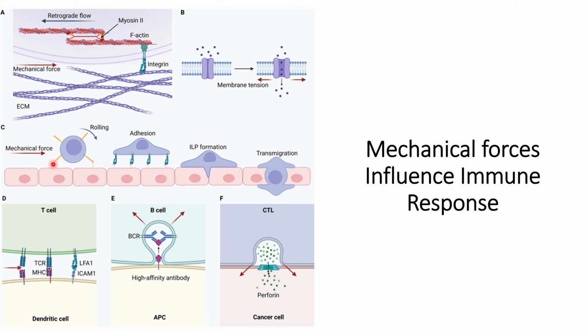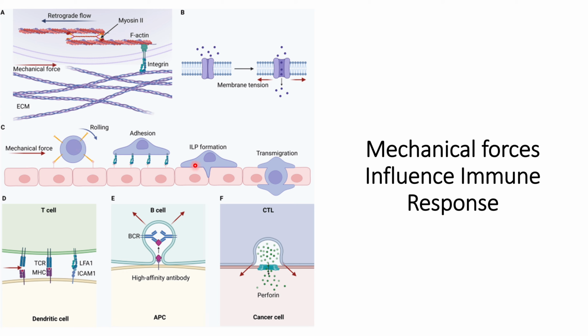Next one is about the mechanical forces in this case, since immune cell recruitment is required at the site of infection, the endothelial cells near the site of infection will release selectins, and that will attach to the immune cells and help the immune cells towards these rolling adhesions.